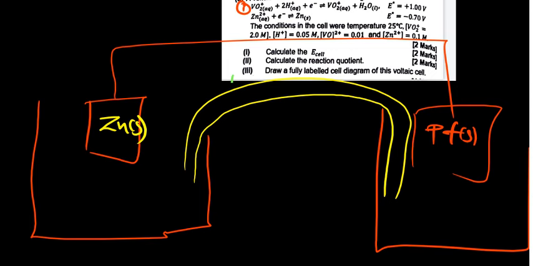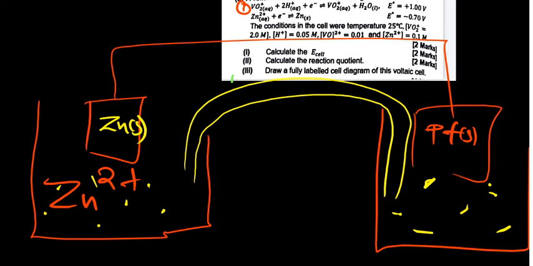What else? What is going to be in solution? For our zinc, for our anode part, we're just going to put zinc 2 plus ions. The other side, we'll put everything else, because everything else is in aqueous state. So VO, all the reactants and all the products, including the hydrogen ions.